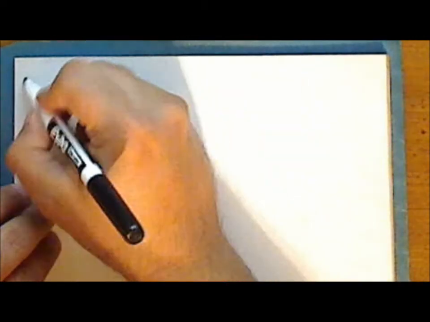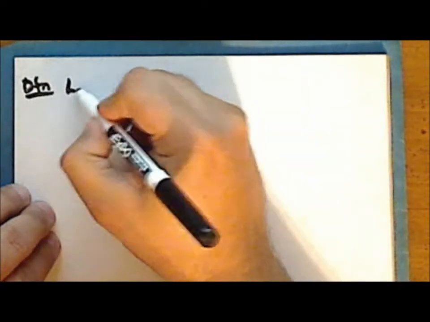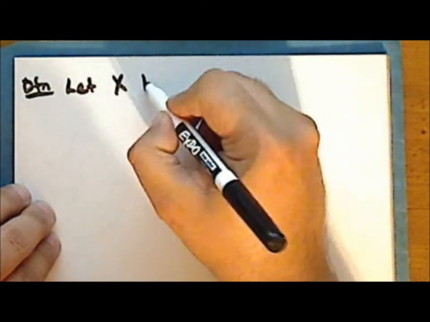Okay, so now we're ready to look at a sigma algebra that is very closely related to a topology because it is in essence generated by a topology. Let X be a topological space.